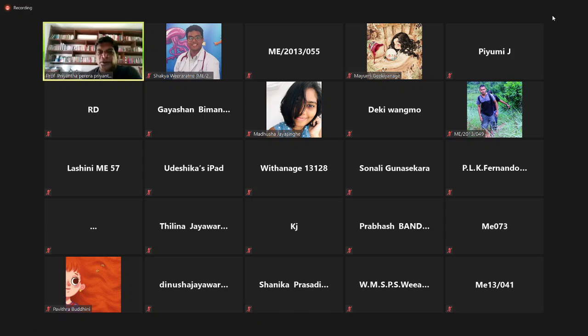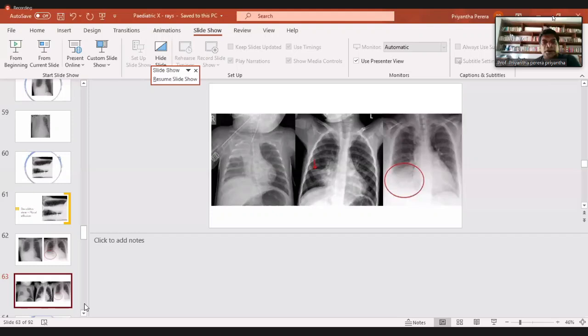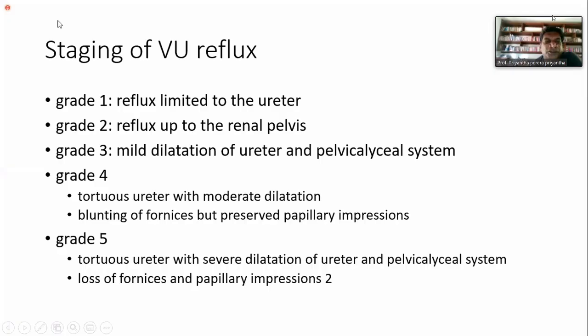So this is stage 4 on the left side and stage 1 on the right side.